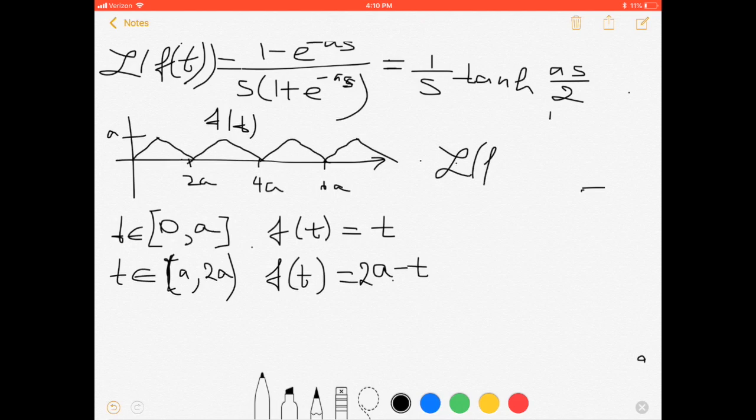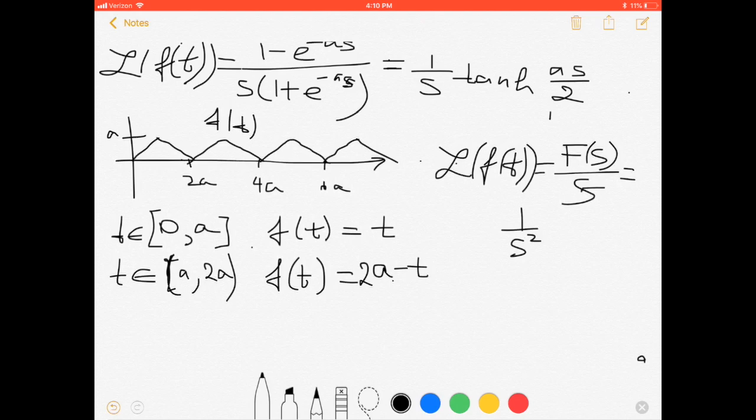This means the Laplace of this f(t) will be F(s) over s. And it will be 1 over s squared, or if you use the hyperbolic tangent, as over 2.